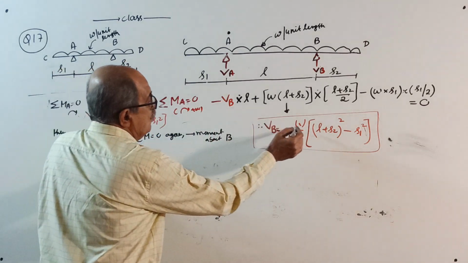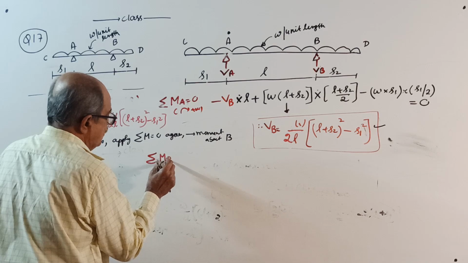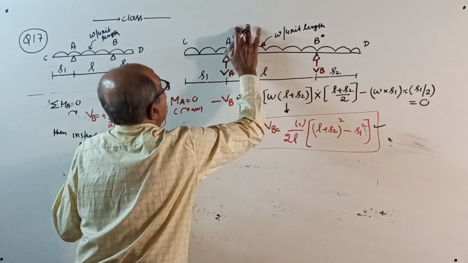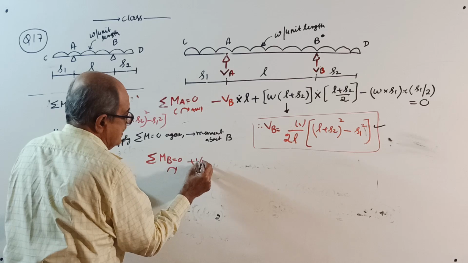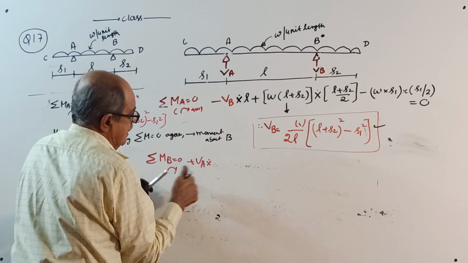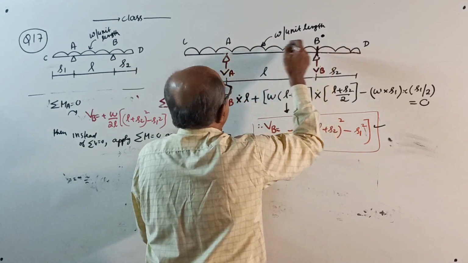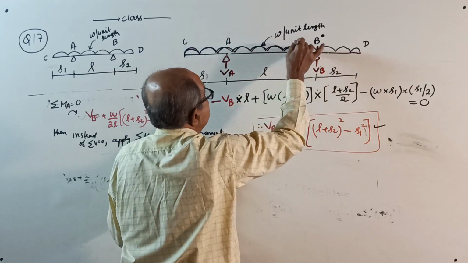Now do one thing. Once you get VB, you apply sigma M about B equal to 0. See what happens, clockwise positive. Moment about B, plus VA into L. You get the answer very easily. Plus VA into L minus, now this load you take fully. Already the sketch is given.